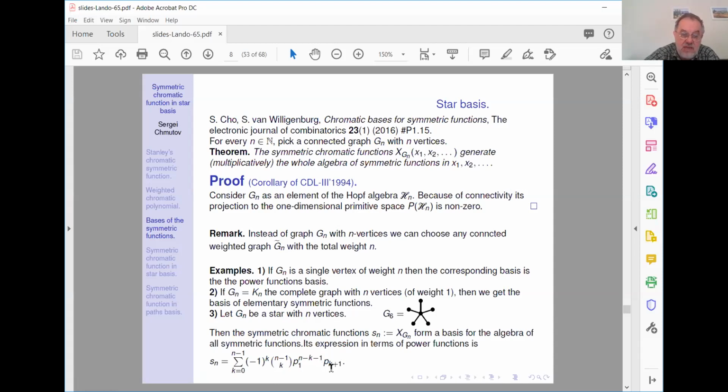So p sub n is s sub n up to decomposable elements of smaller degrees. It is like an upper triangular matrix for the change of basis there.